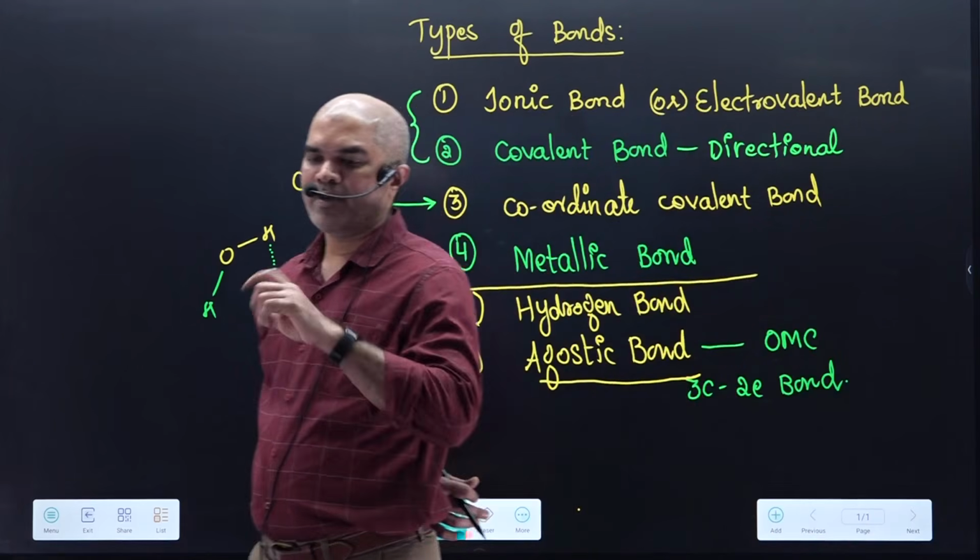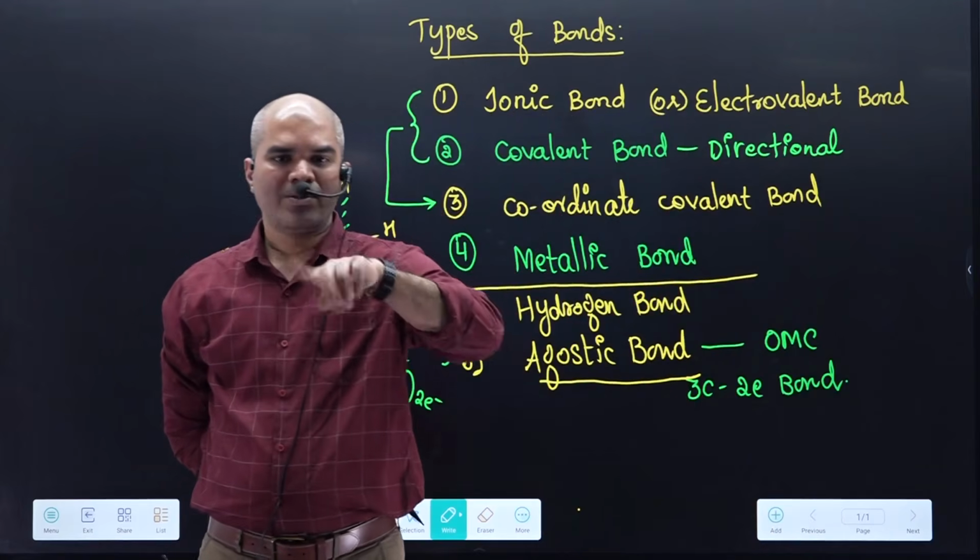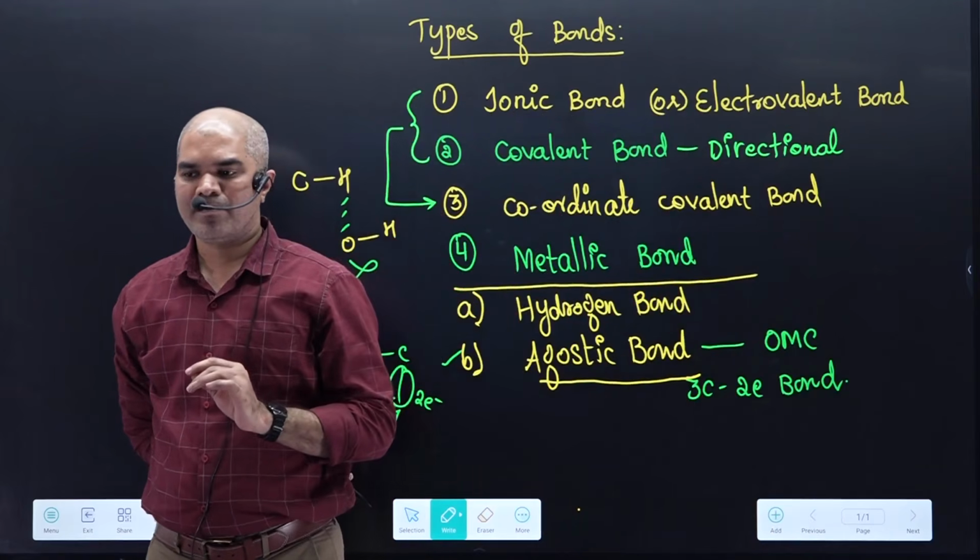So it is between the metal which has lost electrons and the electrons that are lost. That is the metallic bond.